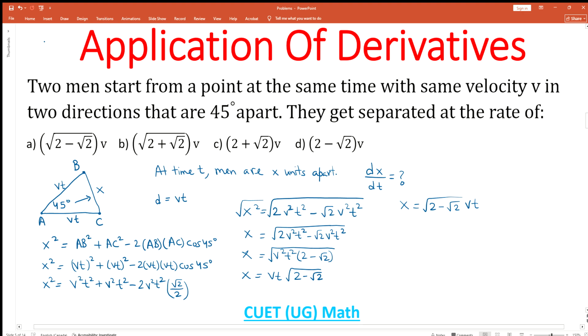Now we can find the derivative of this equation with respect to t. On the left side I get dx over dt. On the right side, square root of 2 minus square root 2 times v is a constant. It's the coefficient of the term. As per the constant multiple rule, it will stay as it is.